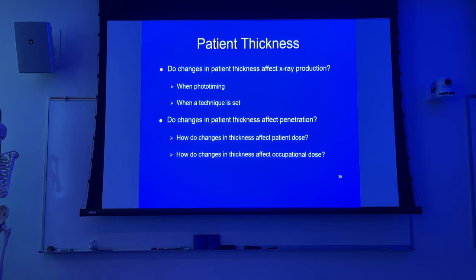But when we set a technique, if you make the same exposure on an asthenic person versus a hypersthenic person, your index number at your image receptor is going to indicate too low of an exposure for the hypersthenic patient, because the hypersthenic patient will absorb more X-rays, so we'll get more attenuation, fewer X-rays to the image receptor.